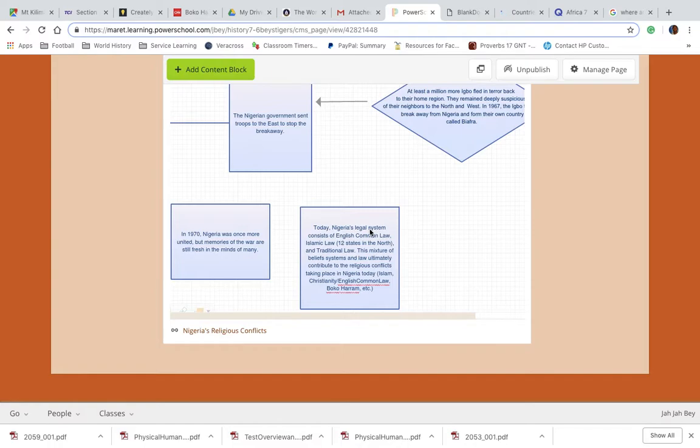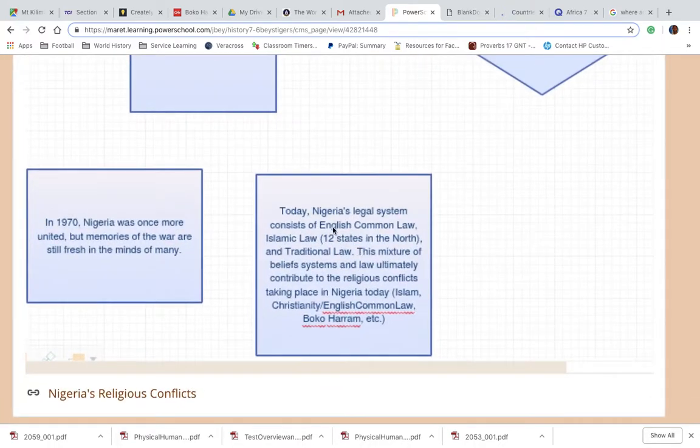So what you have today, you have a legal system that consists of English common law, which is mostly influenced and rooted in Christianity. You have Islamic law and traditional law. The mixture in belief systems and law ultimately contribute to religious conflicts taking place in Nigeria today between Muslims and Christians. That's the big religious conflict, okay?